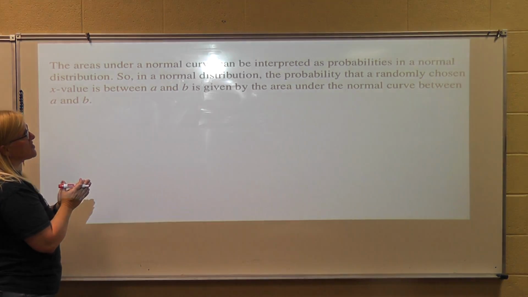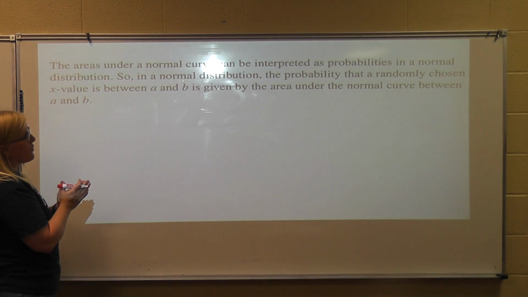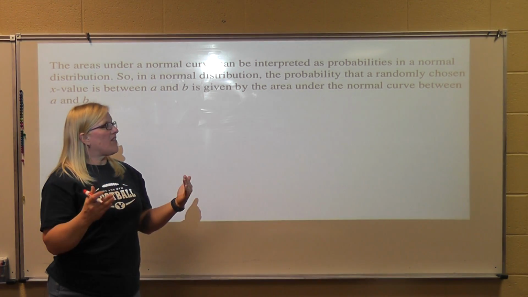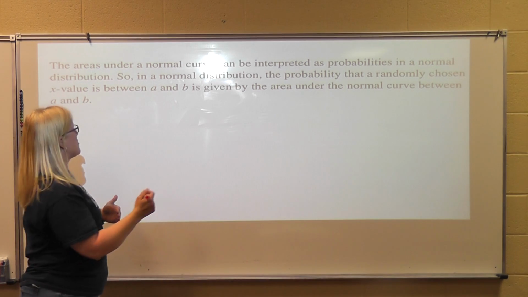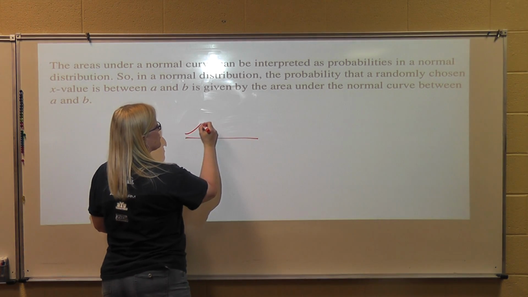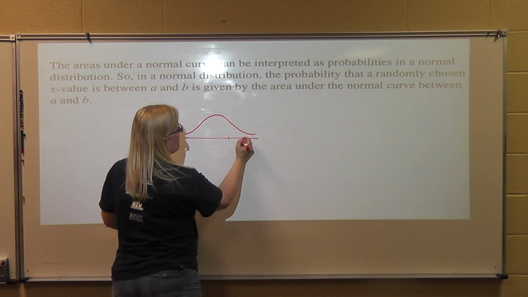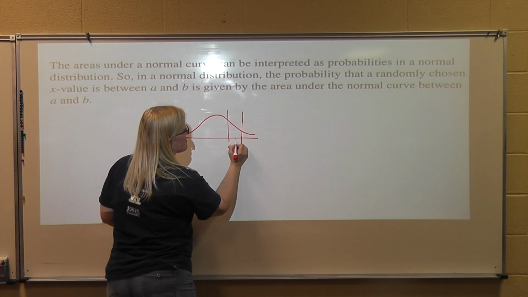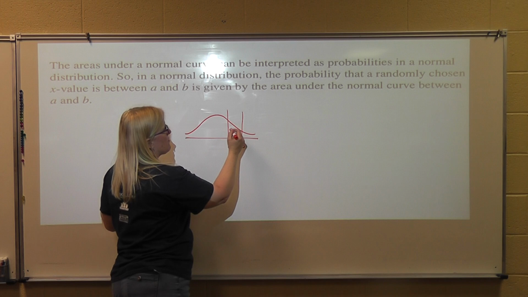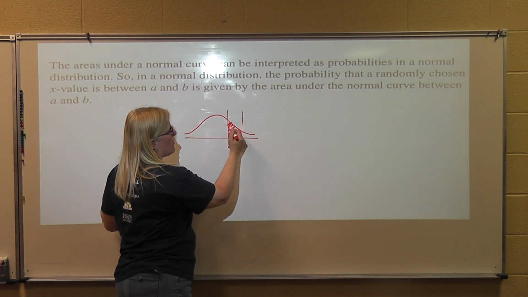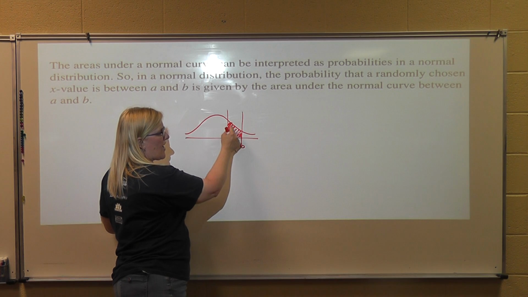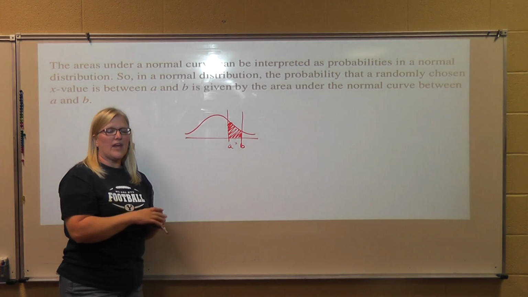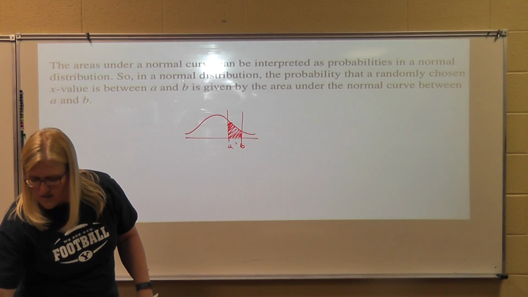So in a normal distribution, the probability that a randomly chosen x value is between A and B is given by the area under the normal curve between A and B. So if I have a normal distribution, and I have A and B right here, and let's say x falls right there, then if I know the area of this right here, that's the probability that x is going to be between A and B. And again, we'll look at this and it'll make better sense.